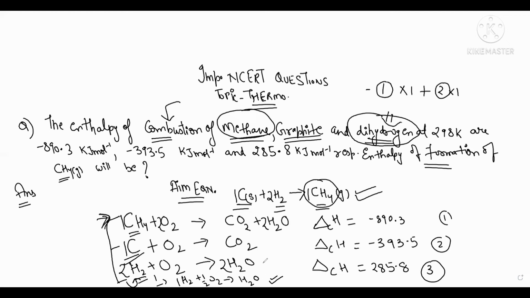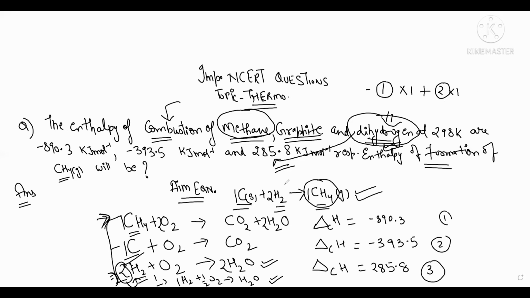You can use the third equation, this equation also, but you must be clear in the fact that these two have come from balancing, but they have given you the value which is 285.8 for only 1 mole of dihydrogen. Out of balancing we have reduced the 2, so you have to multiply 2 with the equation number 3.